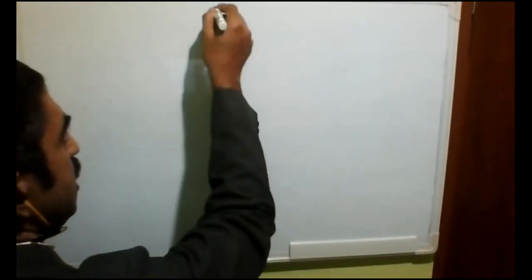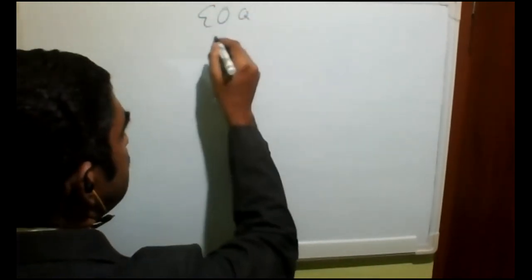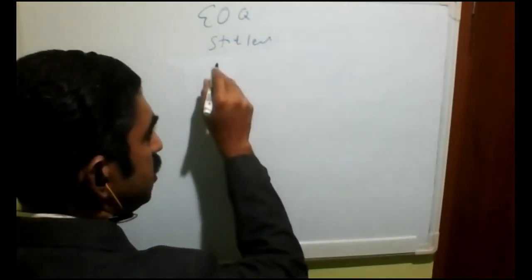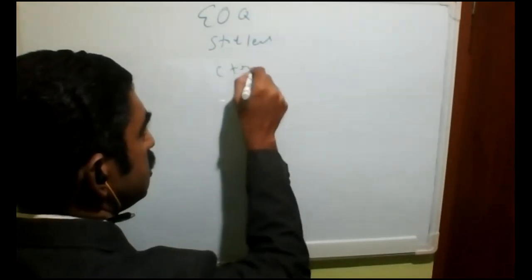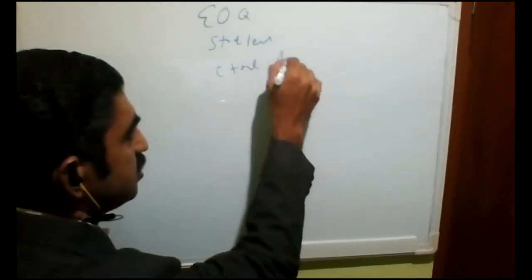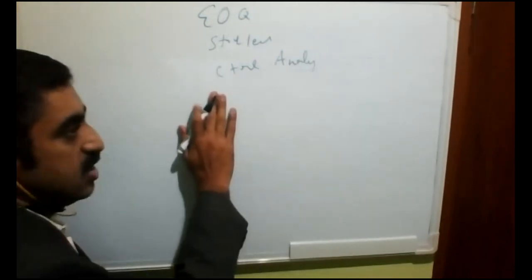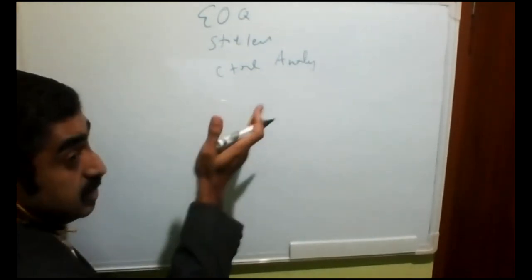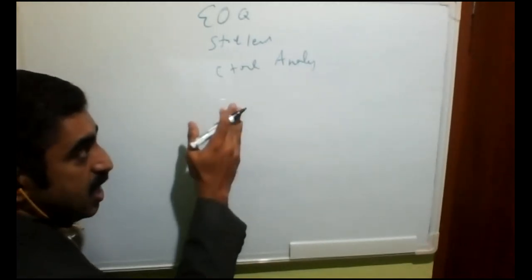That is to fix the EOQ first, then fix the stock levels second, then third is inventory control analysis, like ABC, VED, JIT, and also FSN analysis.